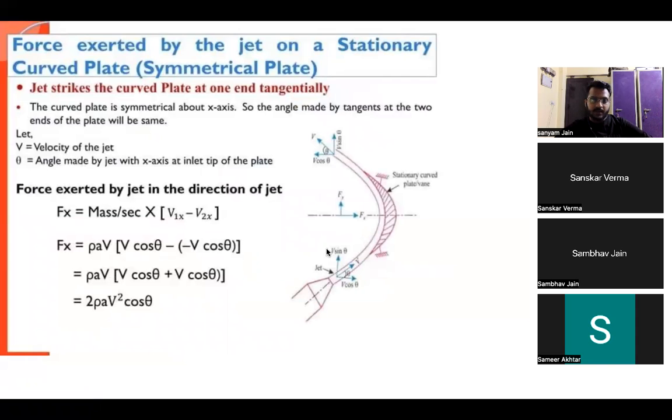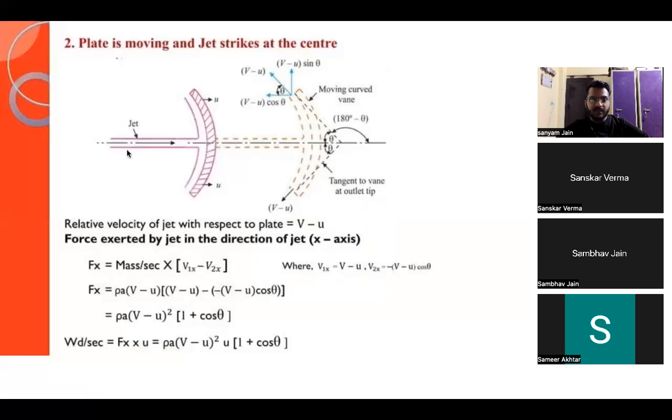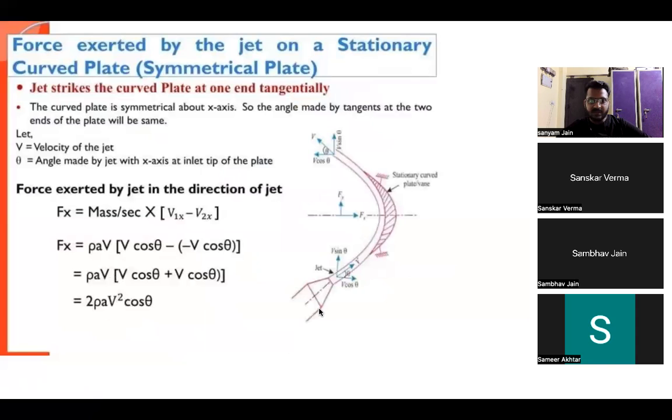And in that case, here we strike the plate at the center, but here the jet strikes the plate tangentially, it flows over it, so without shock.